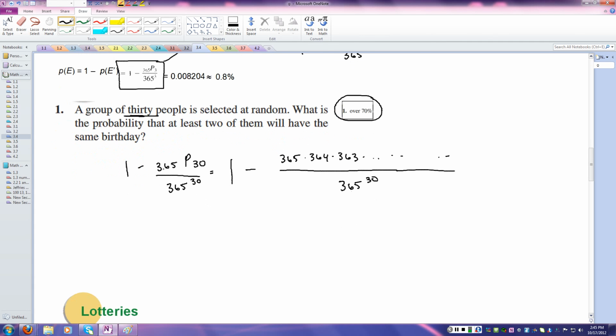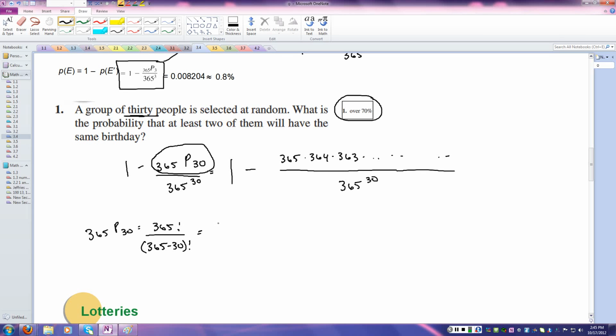So this is why knowing this number from the formula is going to be important. If I want to take 365 permutation 30, that's 365 factorial over 365 minus 30 factorial.